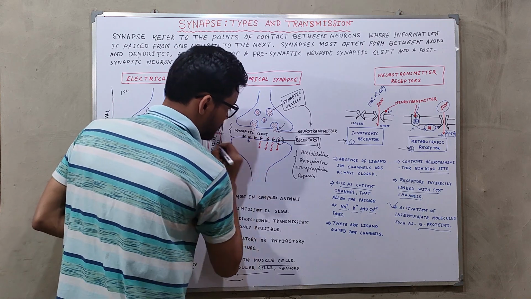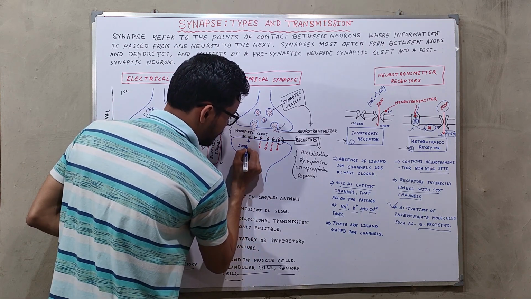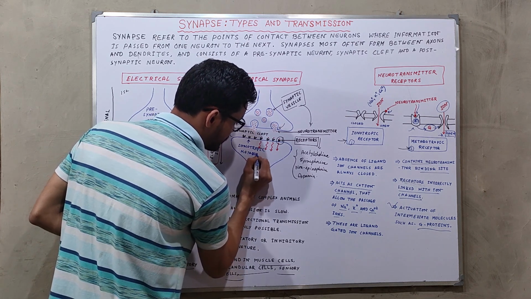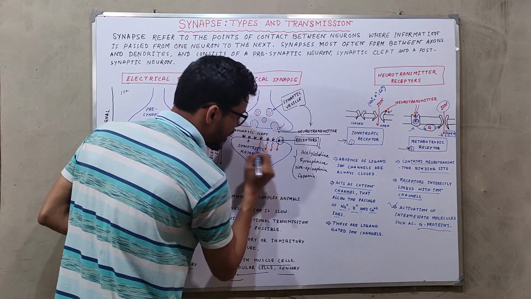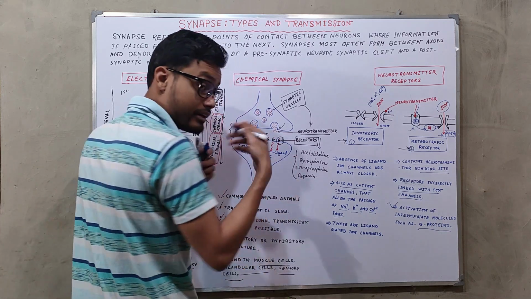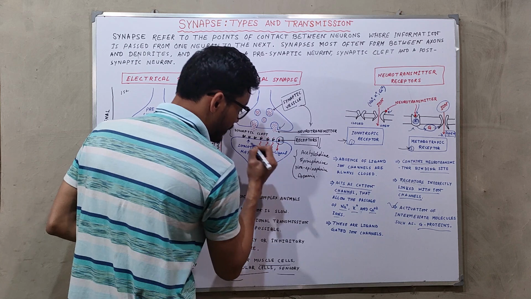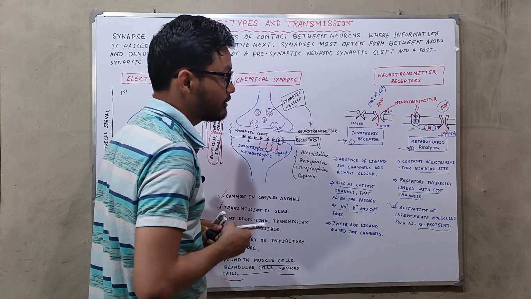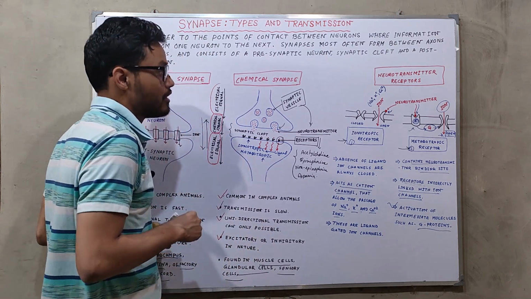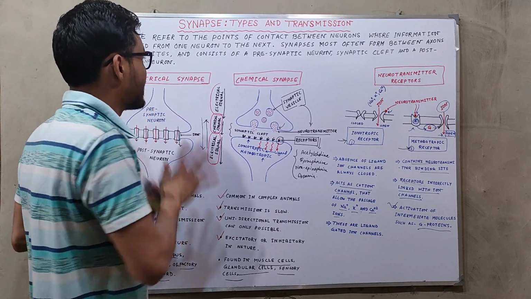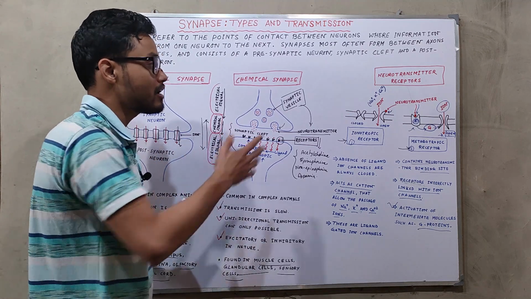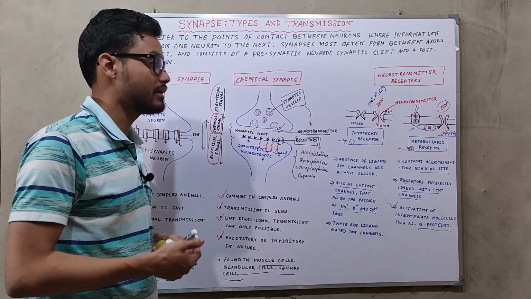In ionotropic receptors, ligand gated channels are present, and in metabotropic receptors, there is a neurotransmitter binding site. So this is the first part of the synapse, where I have discussed electrical synapse, chemical synapse, and the nature of the neurotransmitter receptors, that is the ionotropic receptor and the metabotropic receptor.